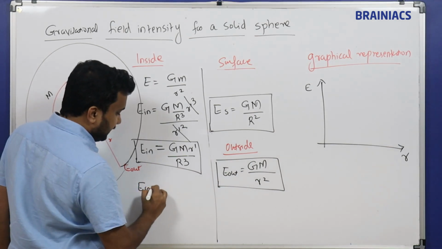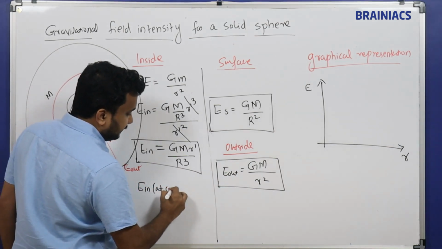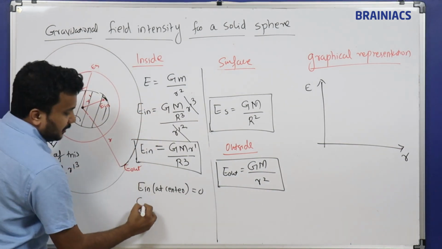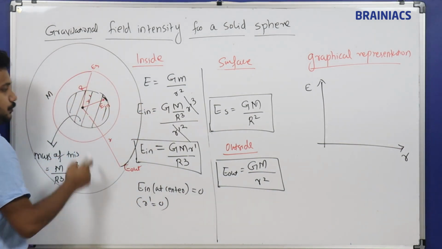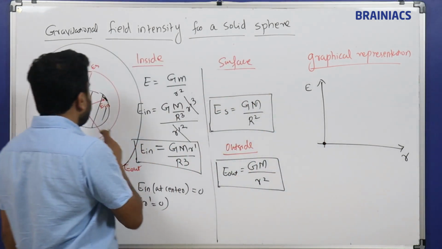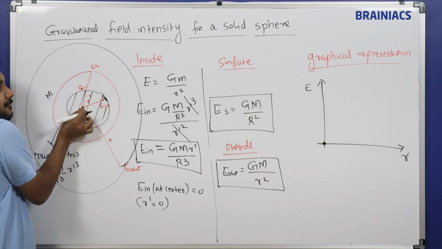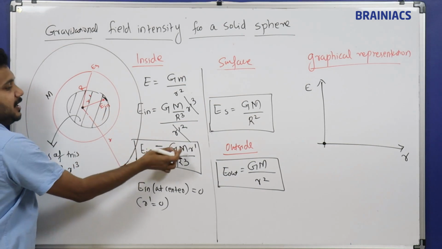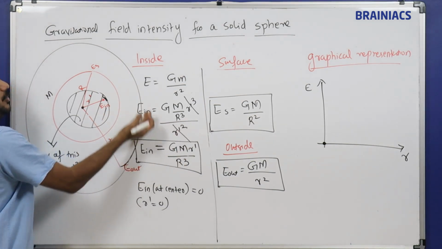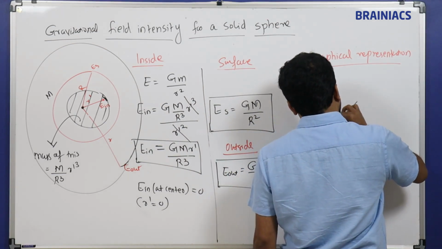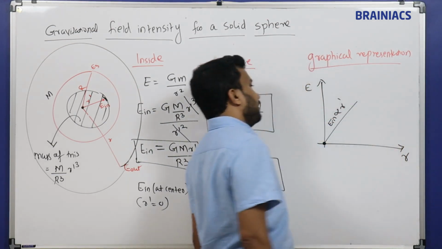So gravitational field intensity at the center is equal to 0, because r dash is equal to 0. When r dash increases, because we are going from the center to the outer area, E in also increases linearly. So I can write E in proportional to r dash.